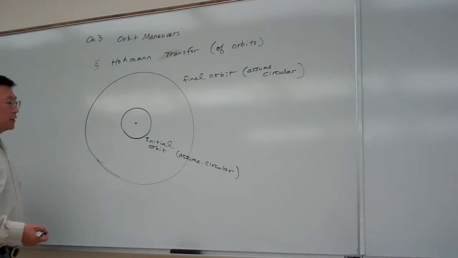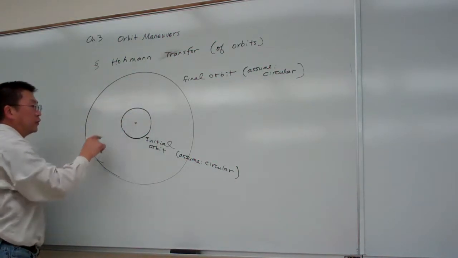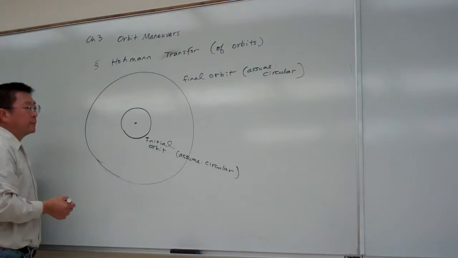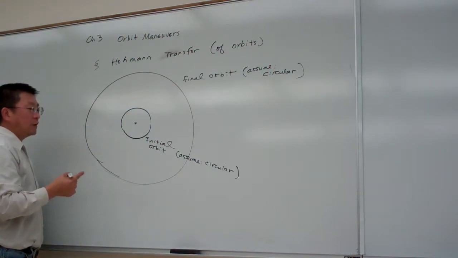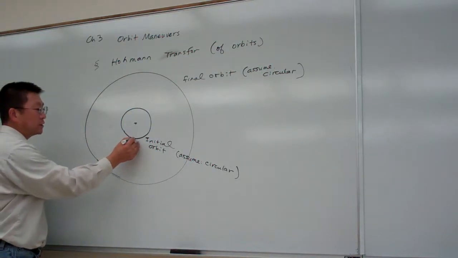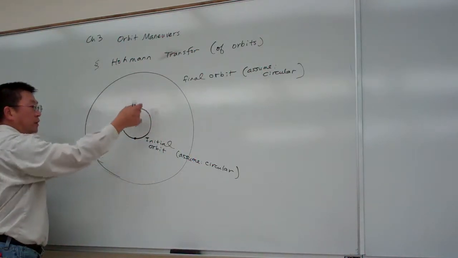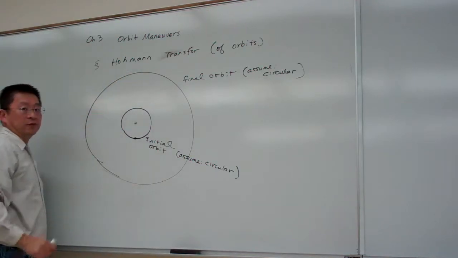Okay, and then we also assume the two orbits have the same common center here. Now we simply want to see how the satellites on the initial orbit can be transferred to the new orbit.